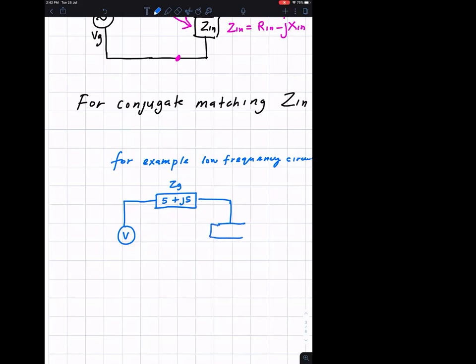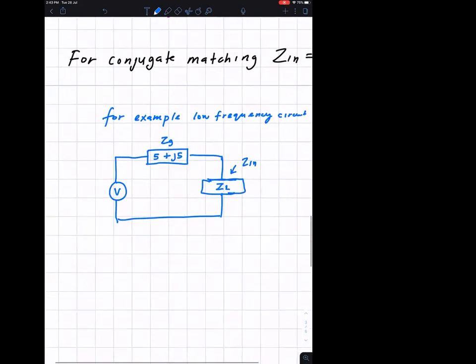Now you want to find out what should be your Z load. In this case, Z in can be Z load. What should be the load for maximum power transfer? In this case, Z in or ZL should be 5 minus j5. So ZL should be the conjugate of ZG.